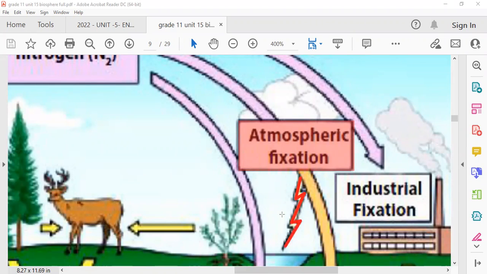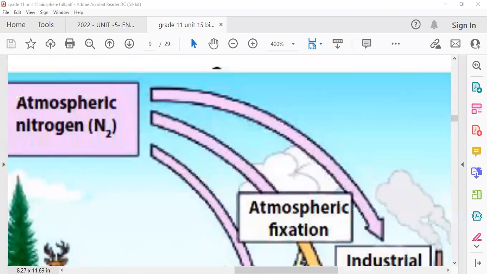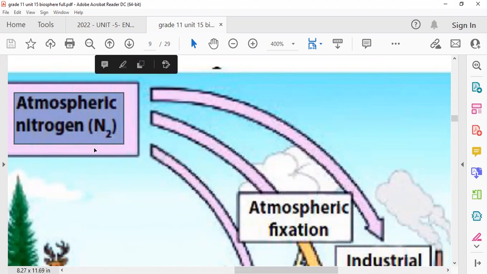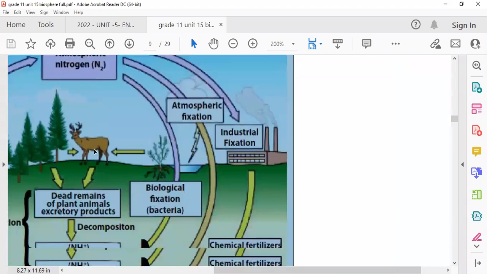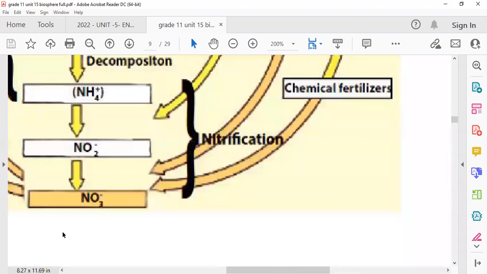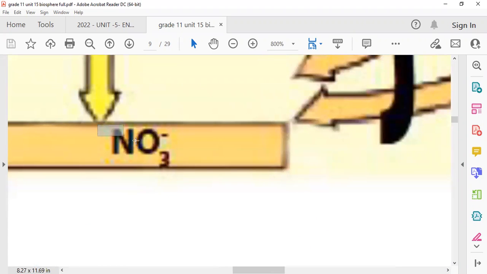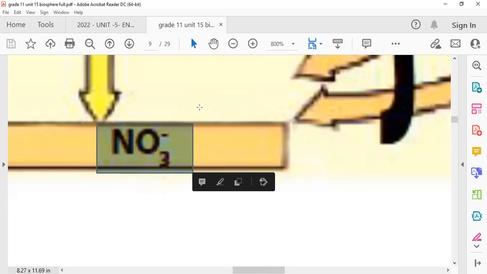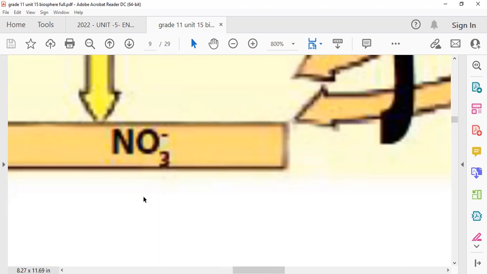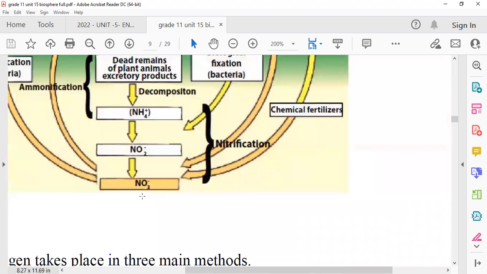Lightning spark is the reason for atmospheric fixation. During atmospheric fixation, atmospheric nitrogen gas, N2 gas, is converted to nitrate ion.